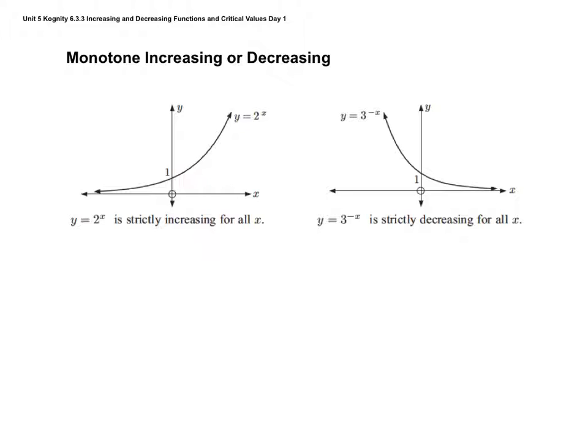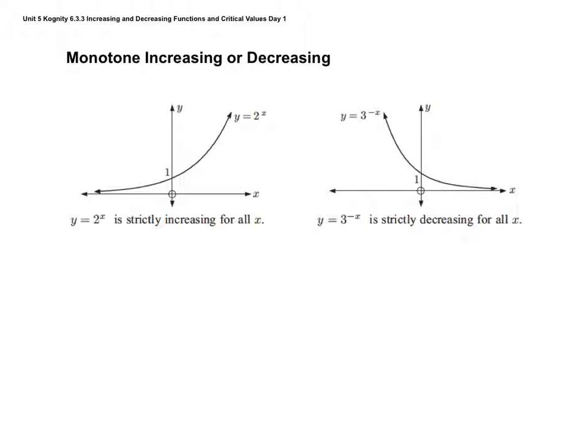It's just one tone the whole time, and it's very boring to listen to. Very robotic. When we're talking about monotone increasing or decreasing, we're basically saying that for the entirety of the domain, the function will be increasing or it will be decreasing. It will never change direction.